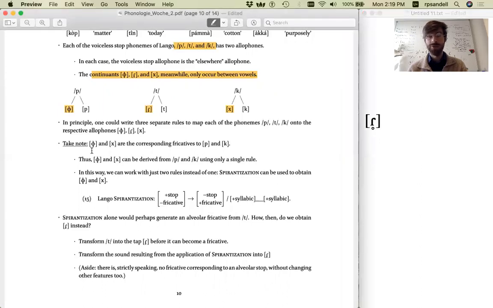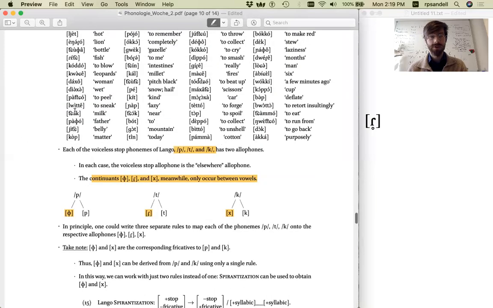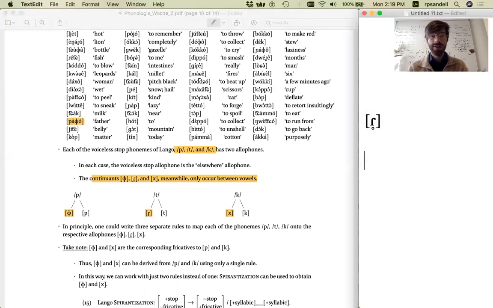We'll look at some phonological derivations farther on, but let's just quickly show one case. We had the word pafo here, the word for father. So that should underlyingly, I'll add the tone symbols here as well, be our underlying representation of the word for father.